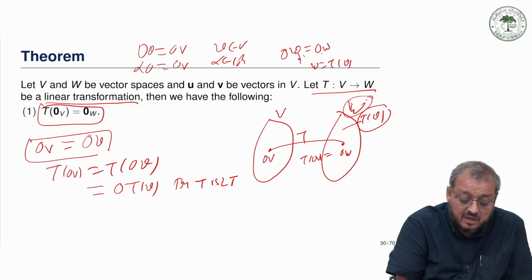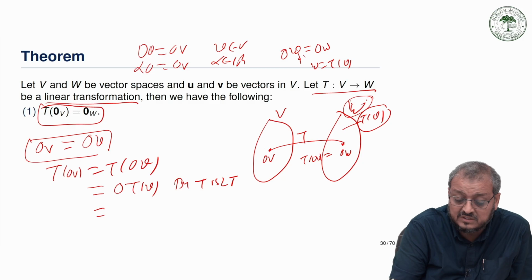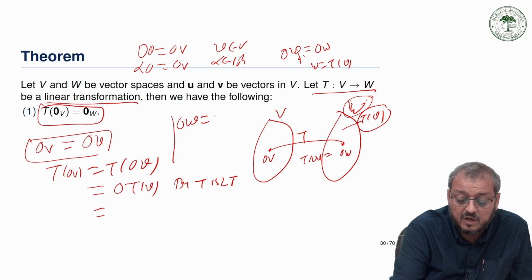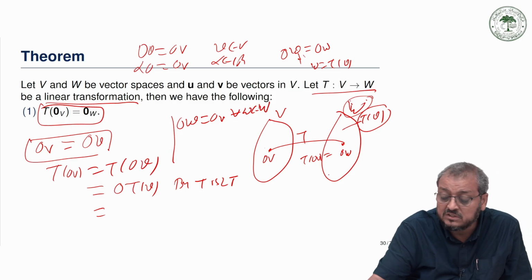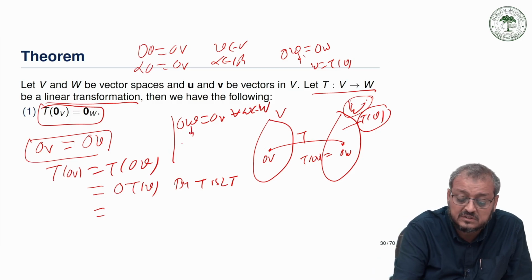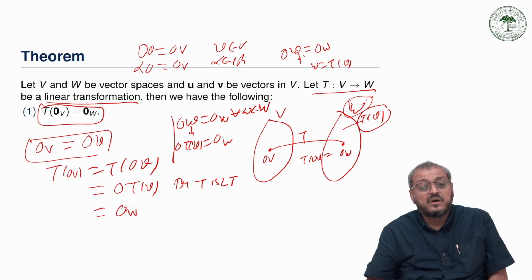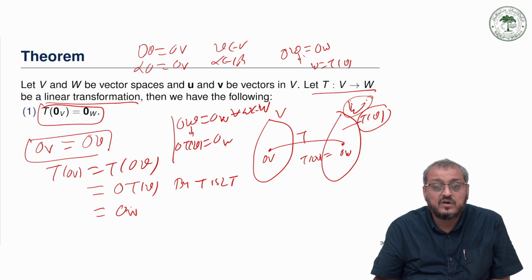So by this property we can say that for any element w of W, 0 times w is equal to 0_W, and because these elements are of the form T of v, 0 times T of v is equal to 0_W.